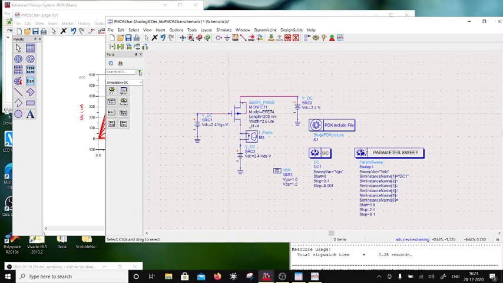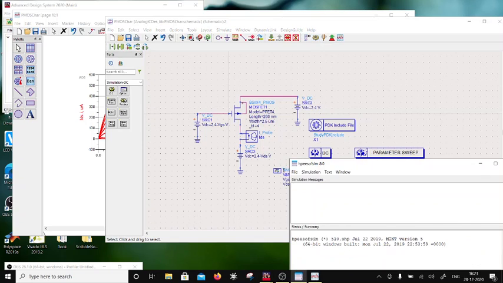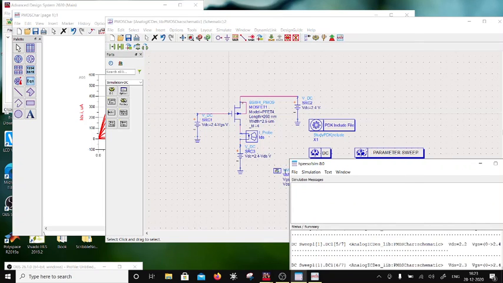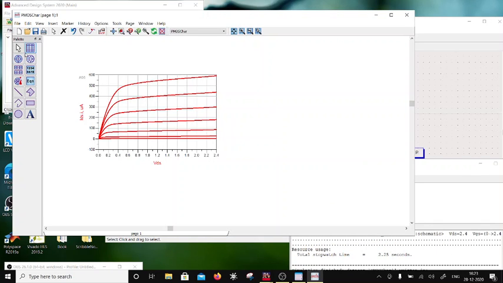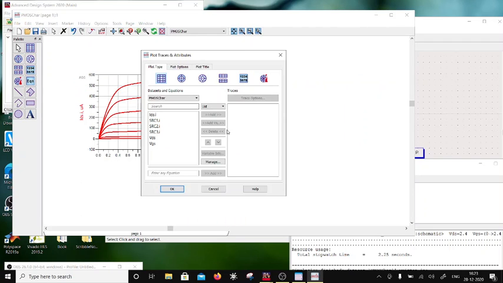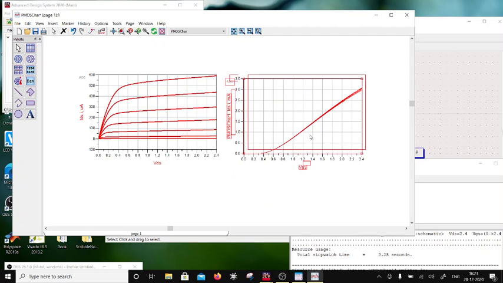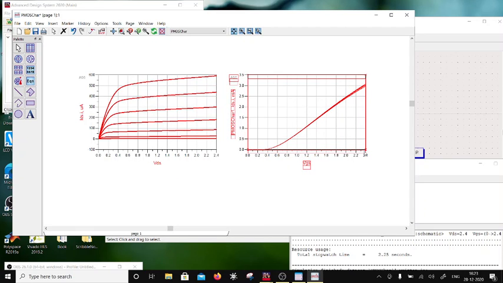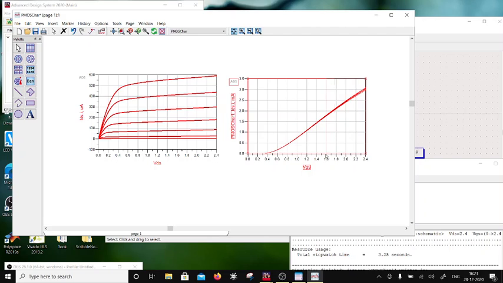That's okay. So once I'm done with this, I can hit simulate and not change this. I am going to just place here IDS from a new data set, and that's that. So this is the transfer characteristics of a PMOS device.